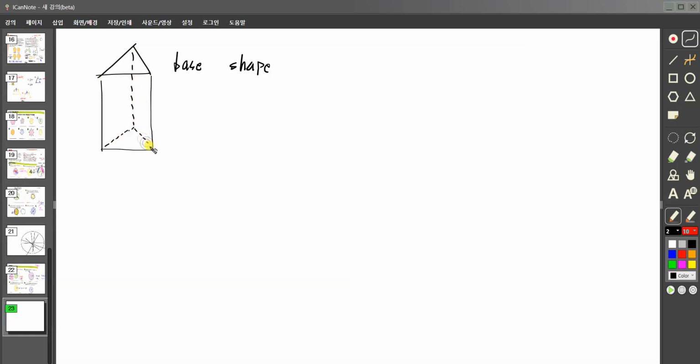Then what we should call this triangular cylinder. Okay. Triangular cylinder. Cylinder. 한국에선 기둥이라고 부릅니다. 기둥. 이렇게 기둥처럼 생겨서 정말로 기둥이라고 불러요.